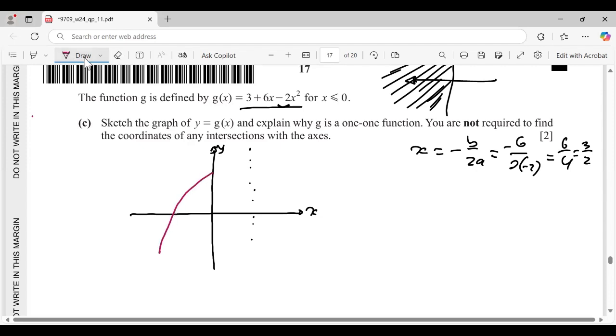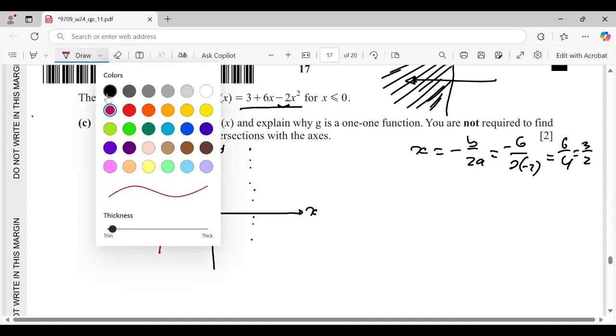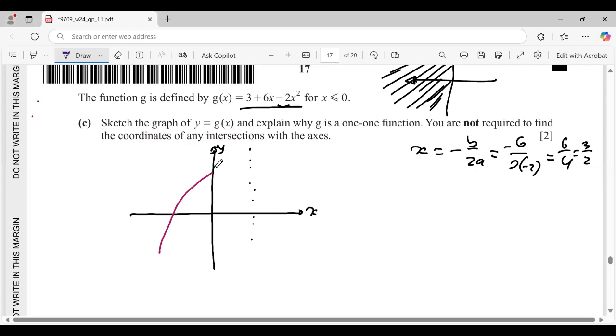Recall that we are actually using only the left side area, so actually like this.